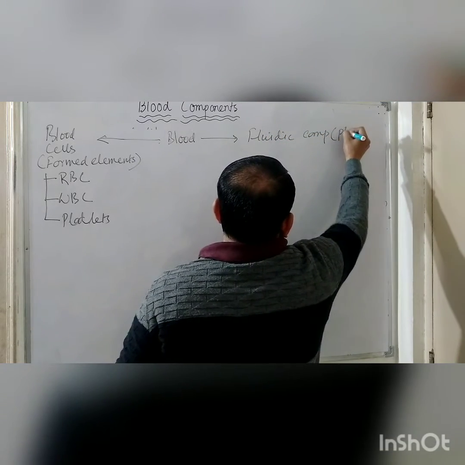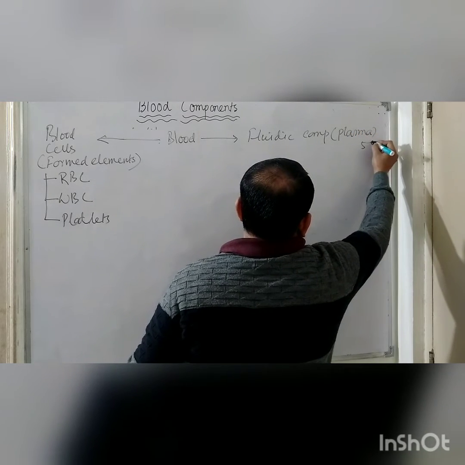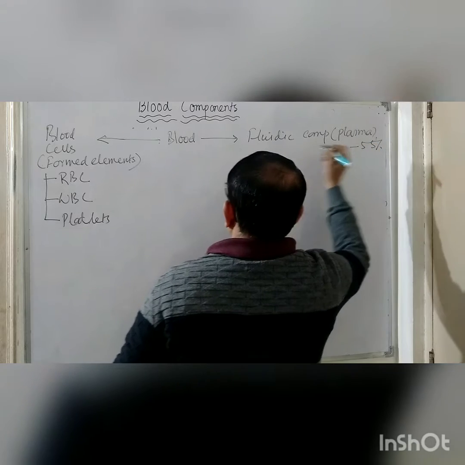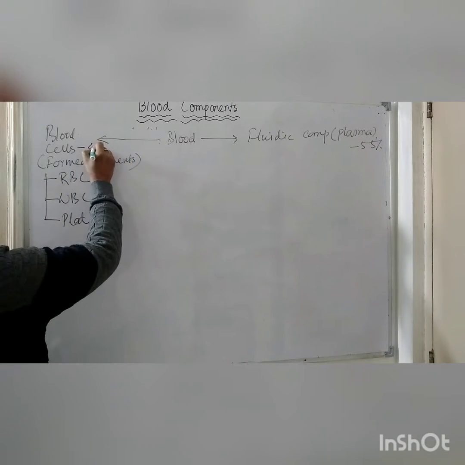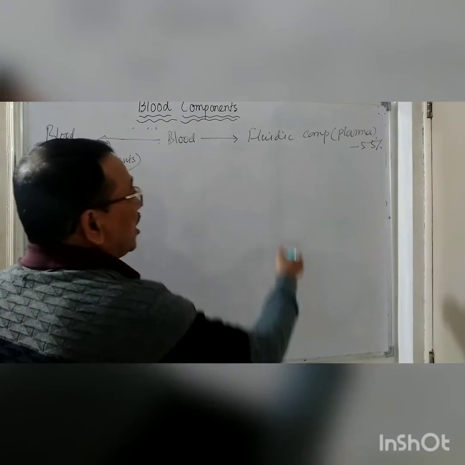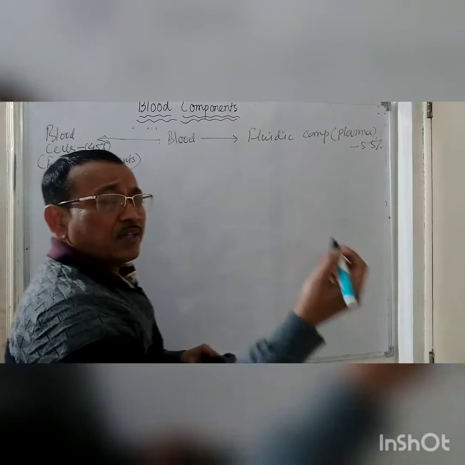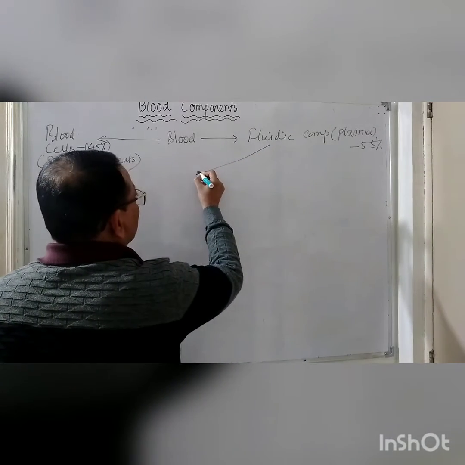That is known as the plasma, and the amount of the plasma is, as I told earlier, 55%, and blood cells are around 45%. Now this plasma is again comprised of two components.